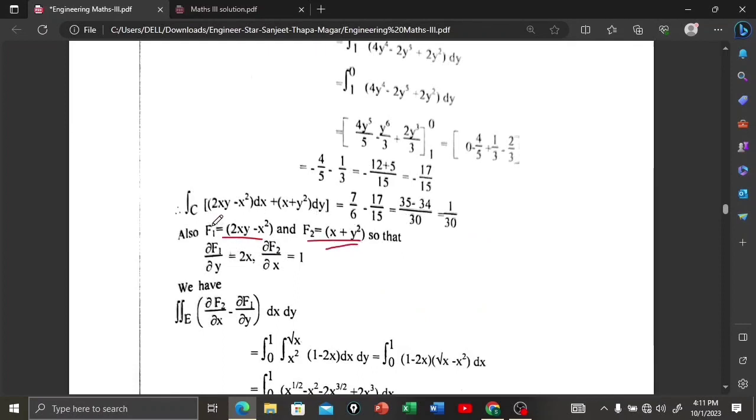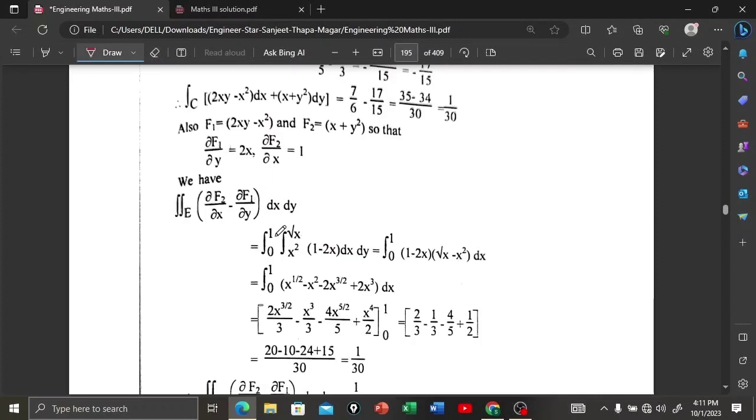So partial differentiation of F1 with respect to y is 2x, and in this there is no y term, so it is 0, and here with respect to x there is no x term, so it will be 0. So partial differentiation of x with respect to x is 1.